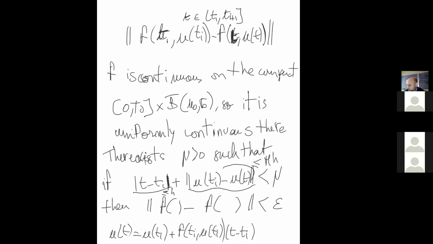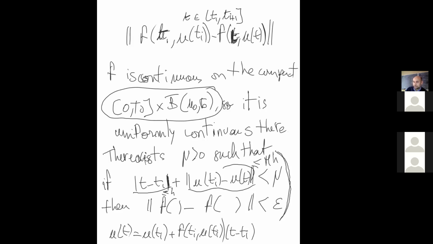Then by uniform continuity, we have that the last inequality is satisfied, if we have the norm of U of Ti minus T U of T, the norm defined on the compact set, the interval 0T times the closed ball.